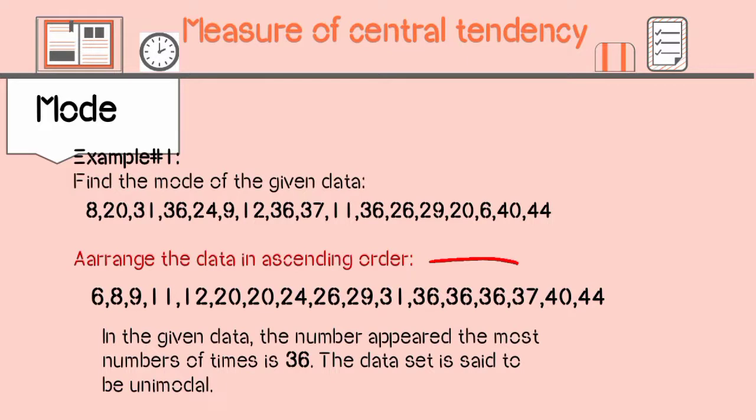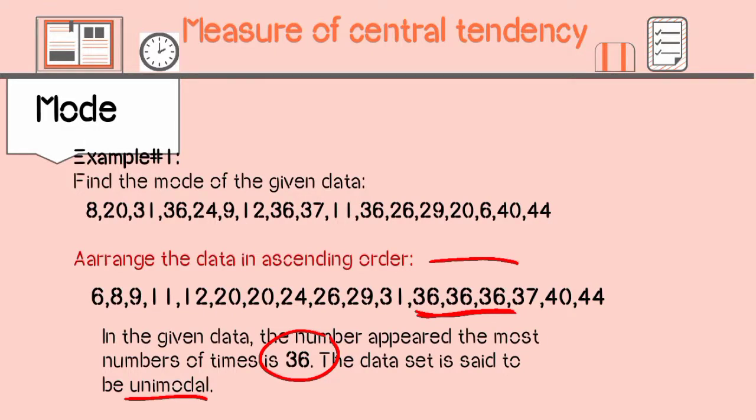In the given data, the number that appeared the most number of times is 36. The dataset is said to be unimodal, because only one number is repeated the most.